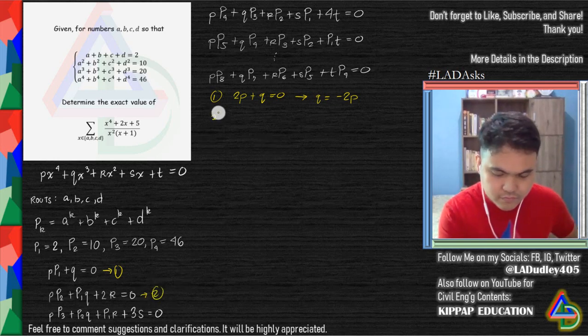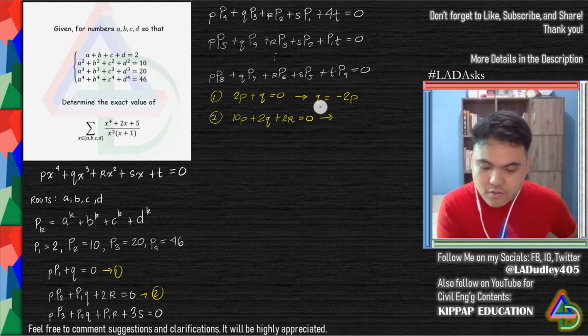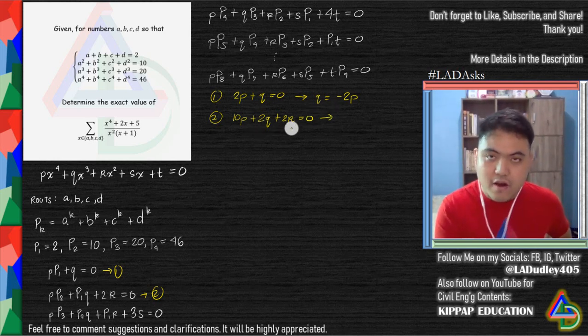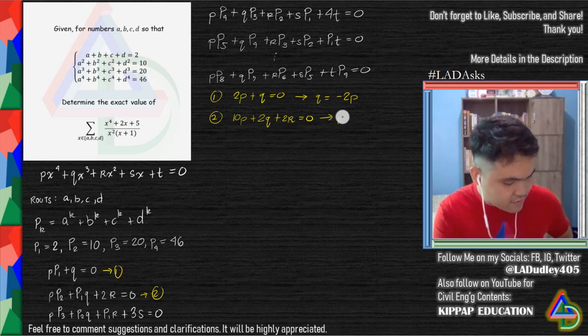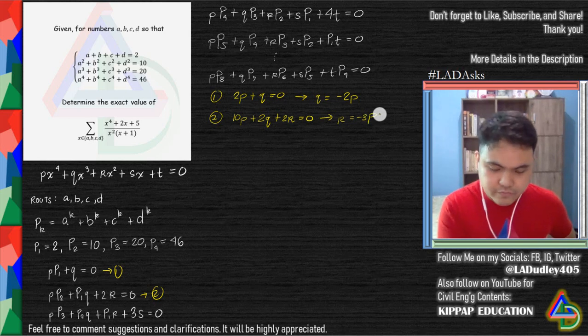We have p sub 2. So, we have 10p plus 2q plus 2r is equal to 0. We can substitute the value of q here, in terms of p, and then solve for r. And the value of r is actually negative 3p.